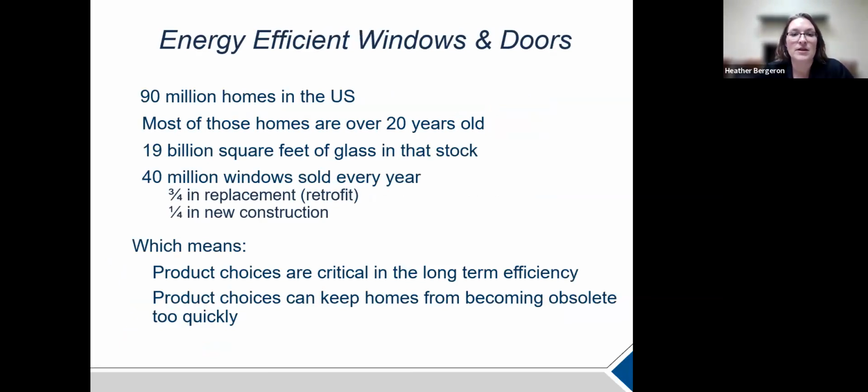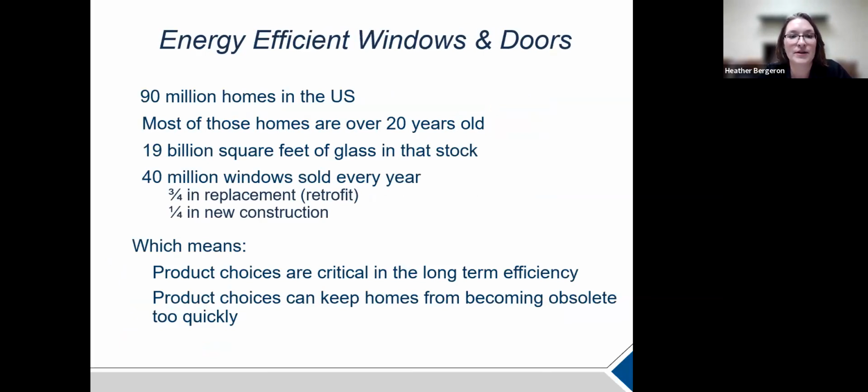There are about 90 million homes here in the U.S. Most of these homes can be up to or over 20 years old. So these are a lot of older homes, with about 90 billion square feet of glass in that stock.